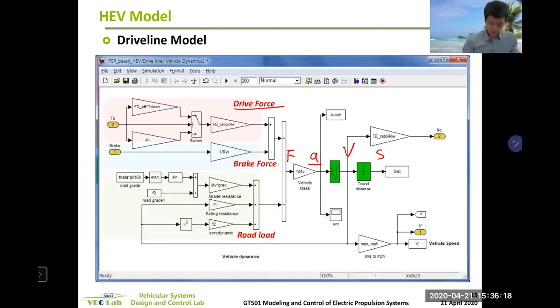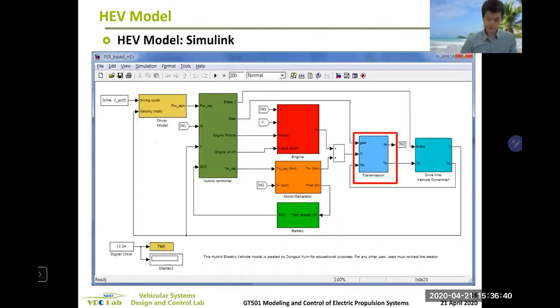And there's drive force, brake force, and road load. The summation of that is total force. And if you divide it by mass, then you get acceleration. Integral, you get speed. Integral, you get position. Okay, simple.